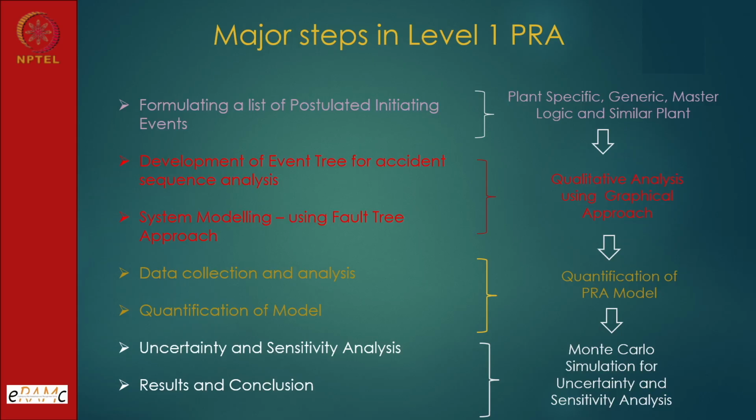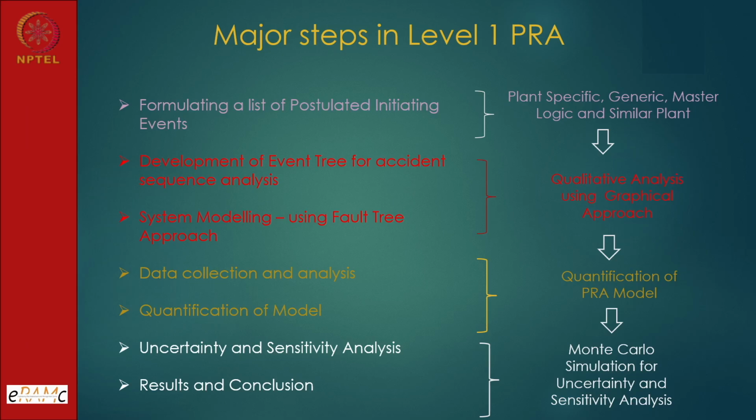So in one situation you will find that I am going a little fast compared to my previous lectures, because this presentation is a little lengthy. So let us go ahead and, without wasting time, look at the major steps in level 1 PRA. First is, what are the events that are possible in a plant.